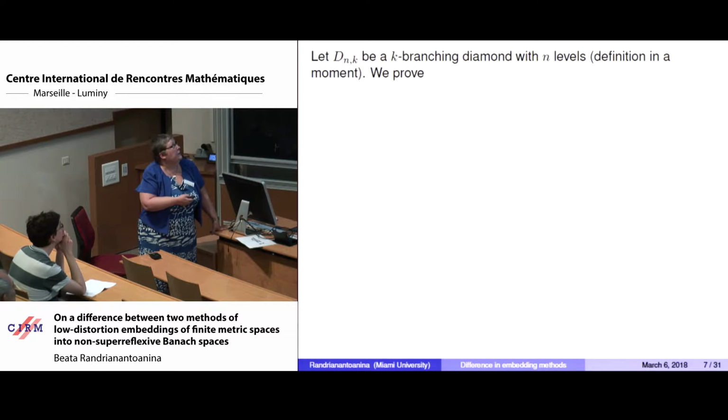So what I want to prove is the following theorem. So if I denote by this symbol a diamond which has k branches and n levels, and the formal definition in a picture in a second.